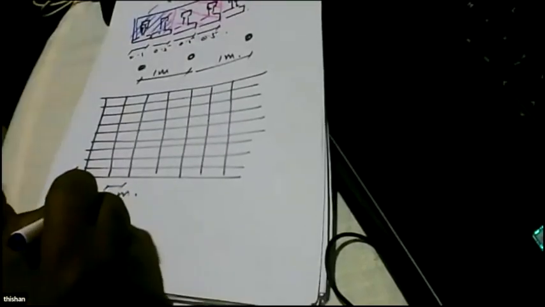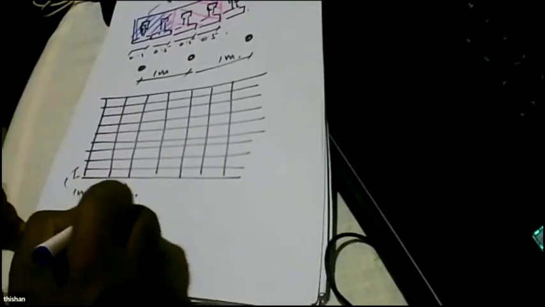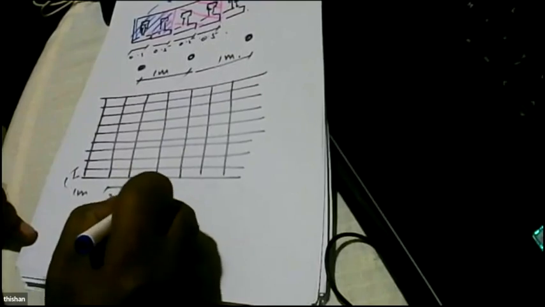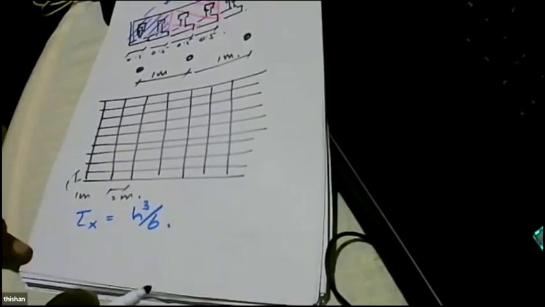That is not a major problem. Why? Because I can be calculated. The second moment of area can be calculated for the whole section. Then for slab bridges, the torsional constant in the x direction is given by height cubed divided by 6.